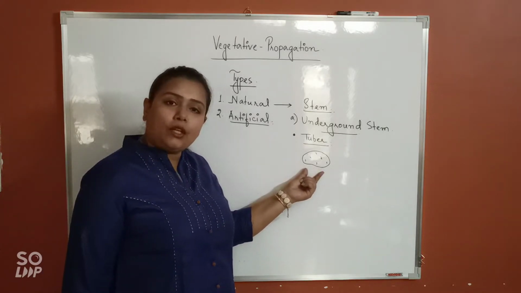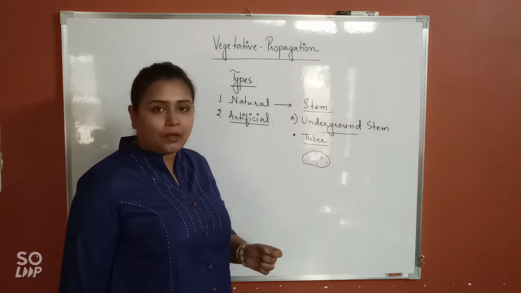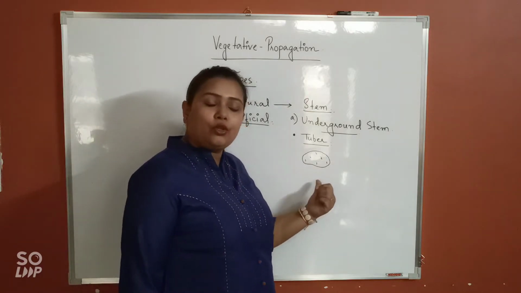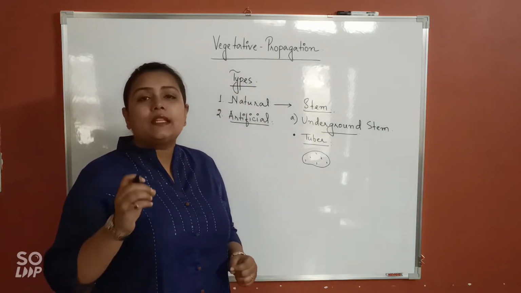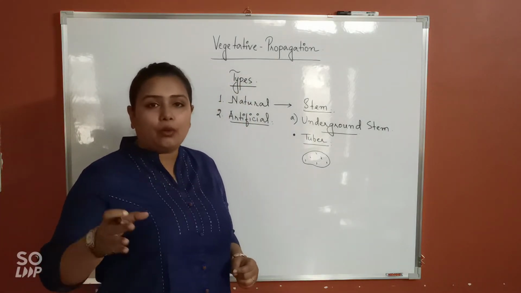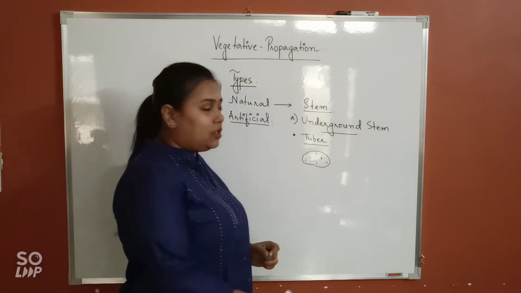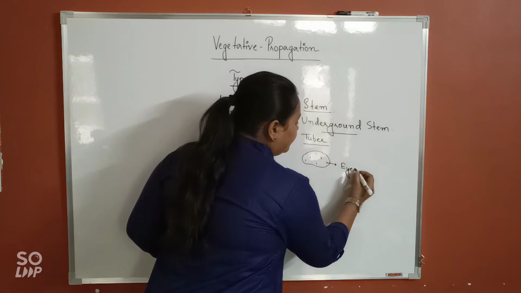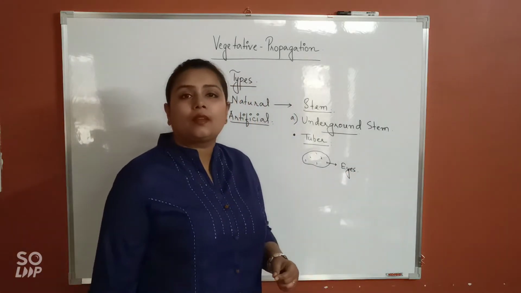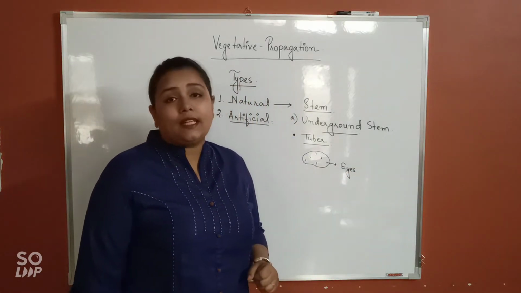They are of course swollen due to accumulation of food. Now if you have a closer look at each tuber, you will find that the body of the tuber possesses certain minute depressions throughout. These minute depressions are known as eyes. These eyes contain the buds.